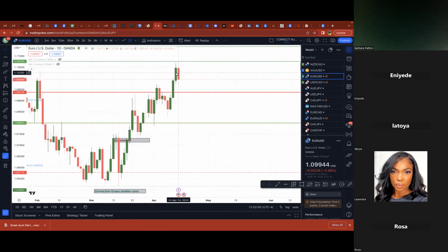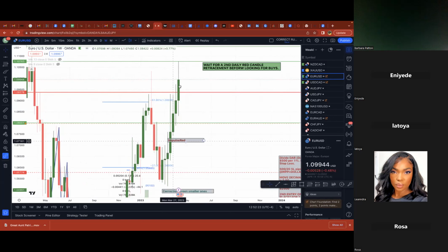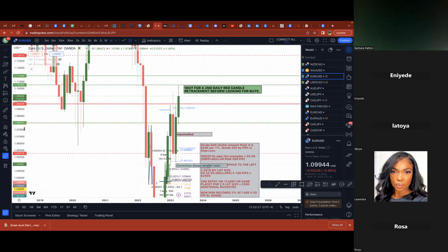Okay, so we see EU right here. We have an impulse of green. We see the direction of EU is bullish, and we can also see on the weekly it's bullish, and the monthly has been bullish.